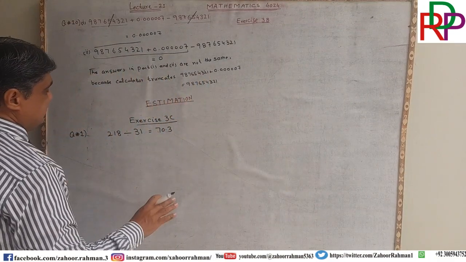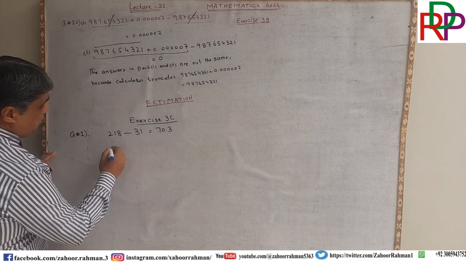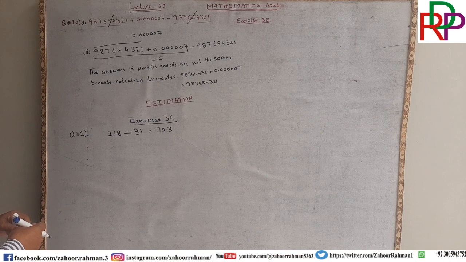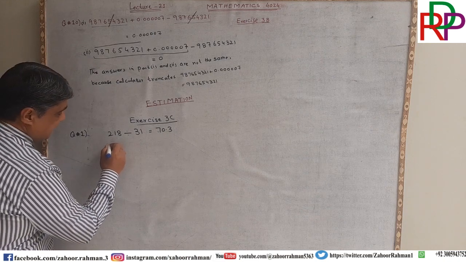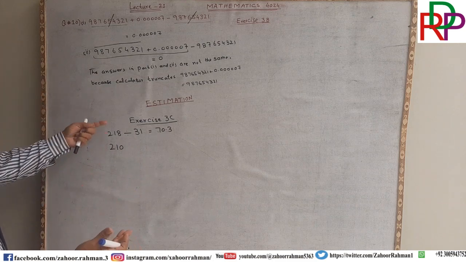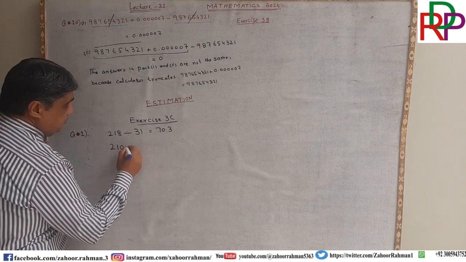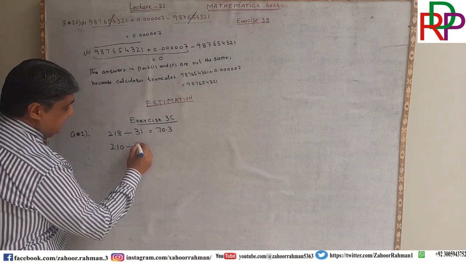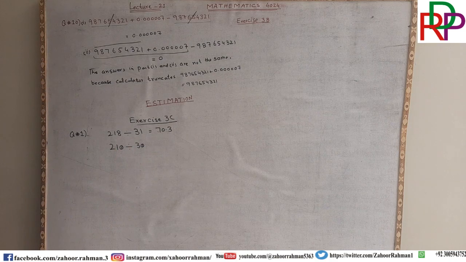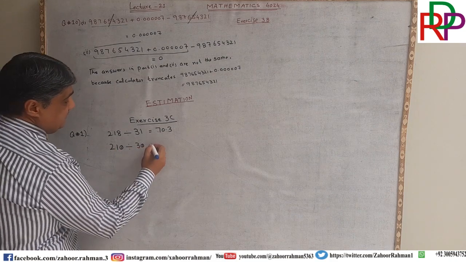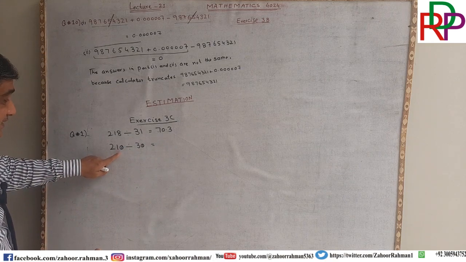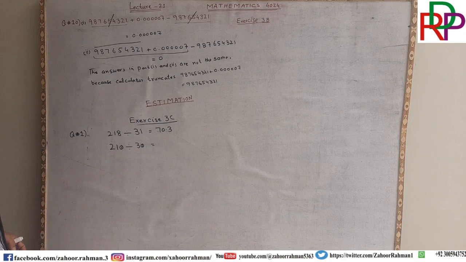Okay, let us first estimate 218. I am taking the estimation as 210, which is nearly equal to 218, and I am taking this as 30. Now when we divide 210 by 30, that is why I am taking it, because this is easily divisible.